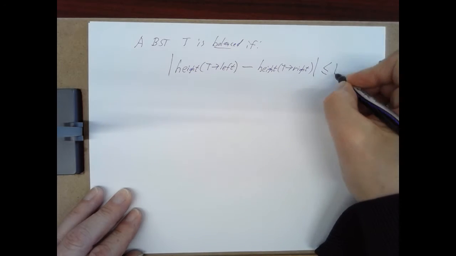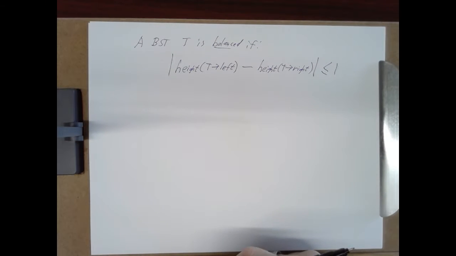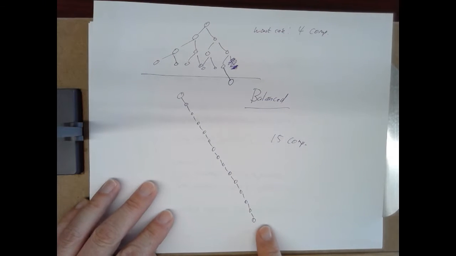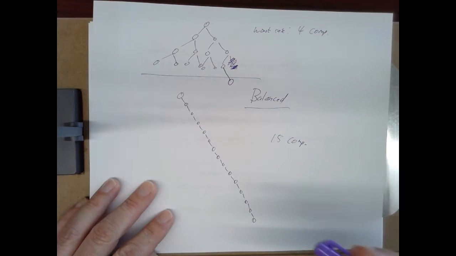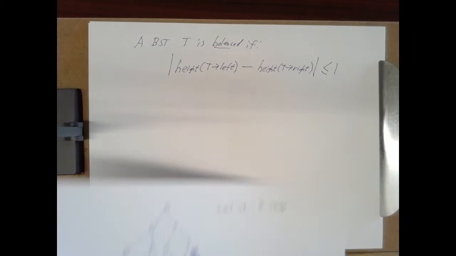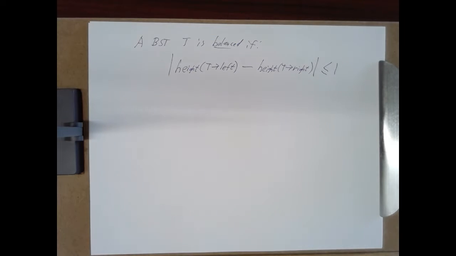That has to be less than or equal to 1. So the height of the left and right subtree have to be the same or within 1 of each other, which is where this tree fails miserably, right? Because the height of the left subtree is null. Its height is technically -1. The height of the right subtree is 14. Okay, really far off. So the left and right subtrees need to have heights that are the same or within 1 of each other.